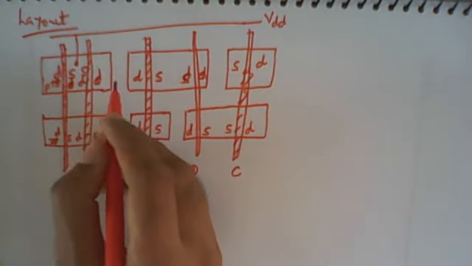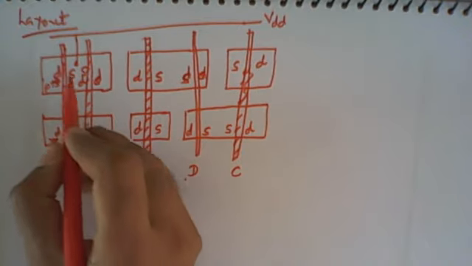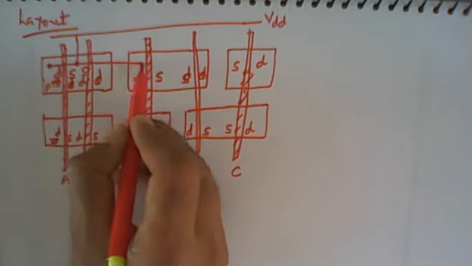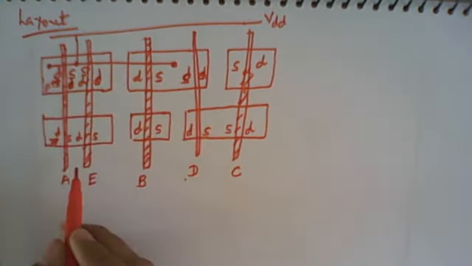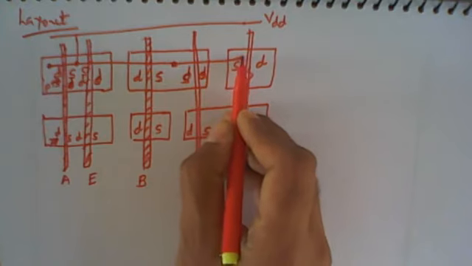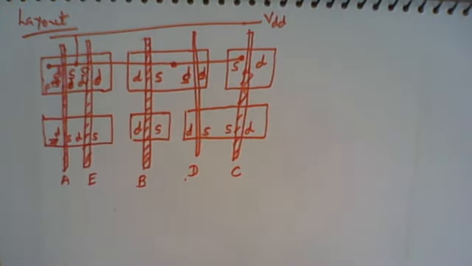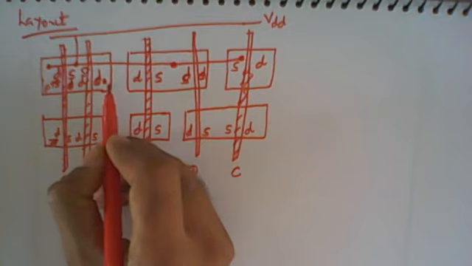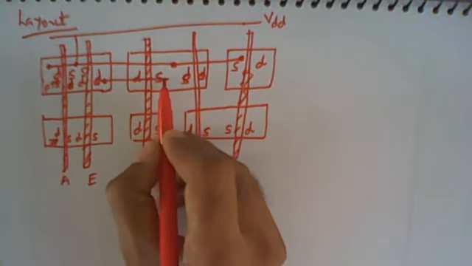And it is connected with the source of C. Then drain of E is connected with the drain of D.